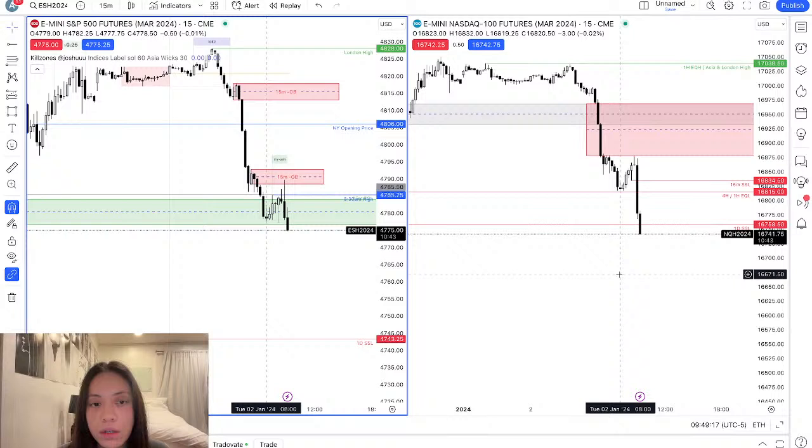That's interesting. So 830 on NQ is sort of this low, whereas 830 on ES is this high.